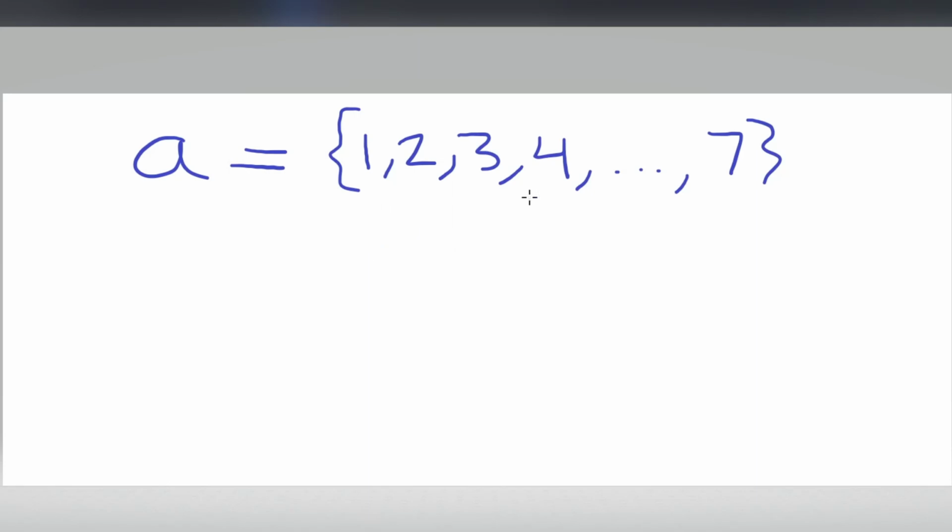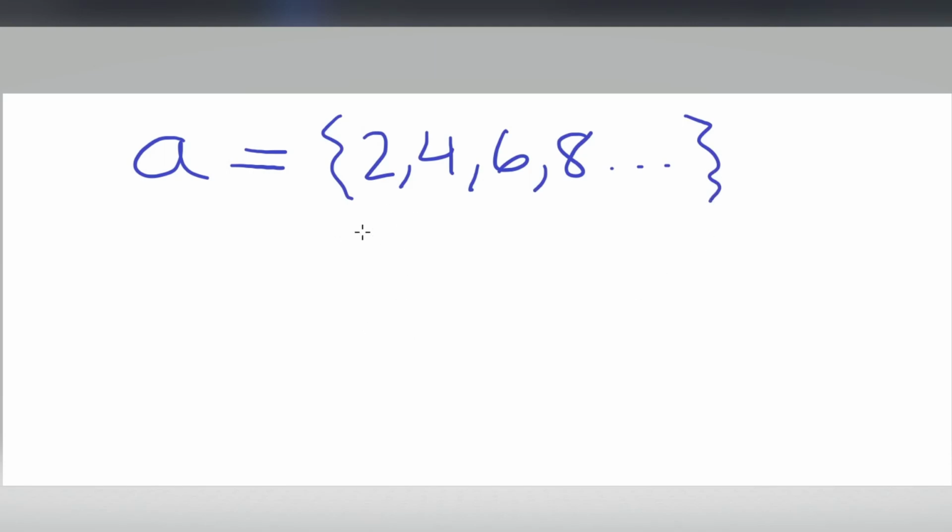So for example, I can write a whole new sequence. I'm going to write this as 2, 4, 6, 8, and so on. And if you were looking for the second term of this, it would be 4, right? Because 1, 2, 3, 4, and so on.